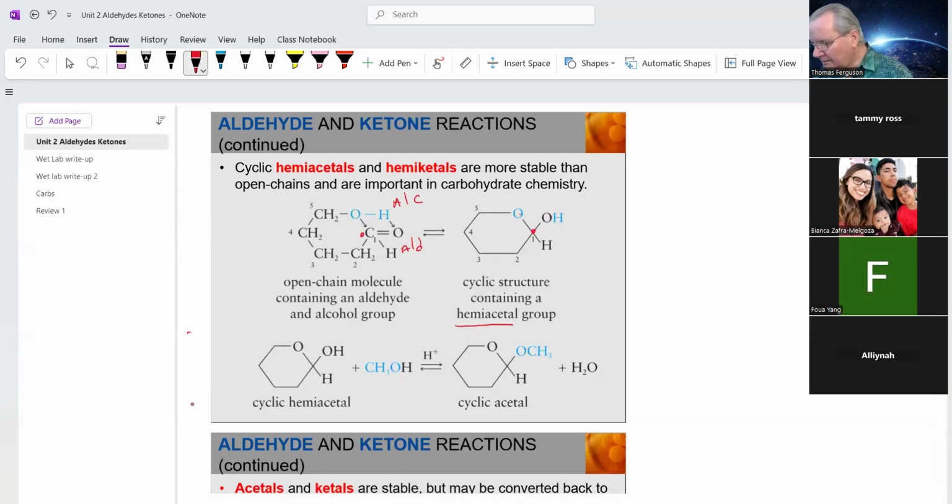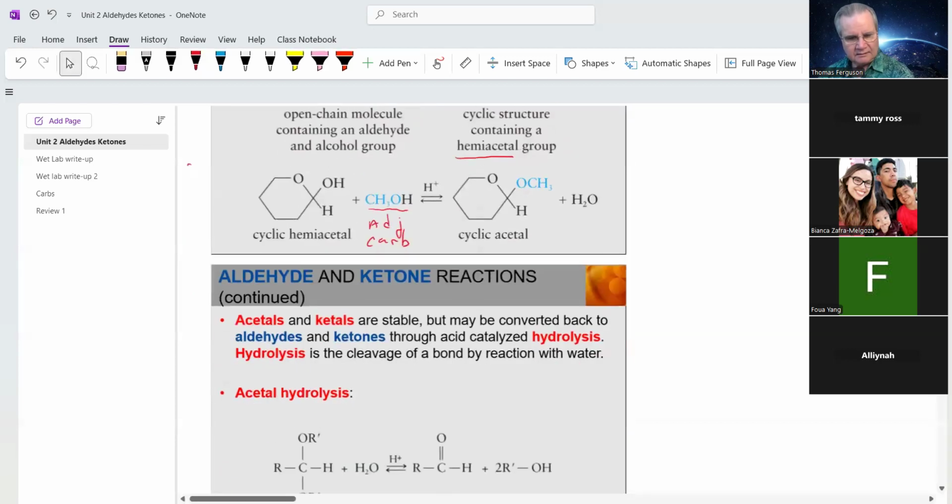Now that hemiacetal, if there's a free alcohol around, it can form a full-blown acetal. Now in carbohydrates, this is an adjacent carb that has a whole bunch of OH groups available. So when you string glucoses together, those are all acetals, except for the end one, which is a hemiacetal. And I'll get into extreme detail with that.